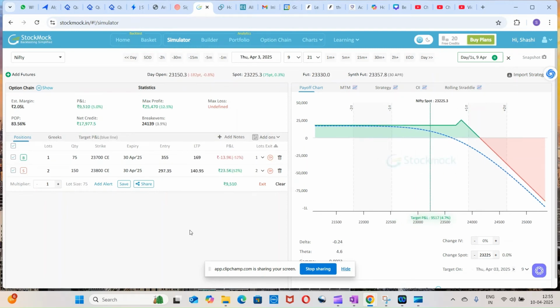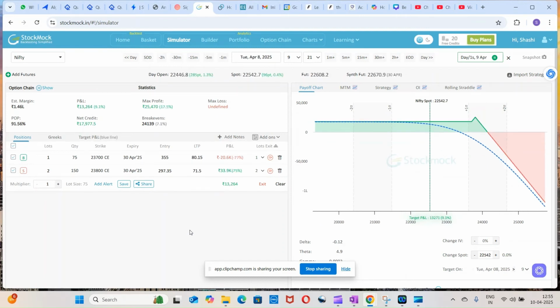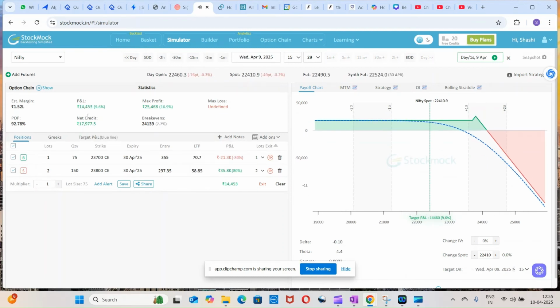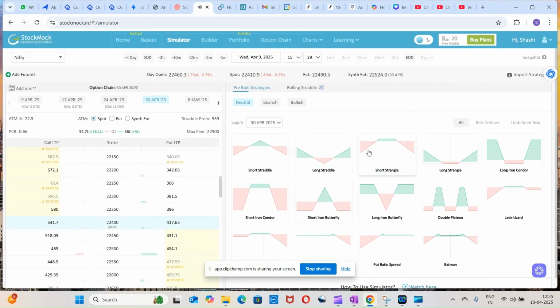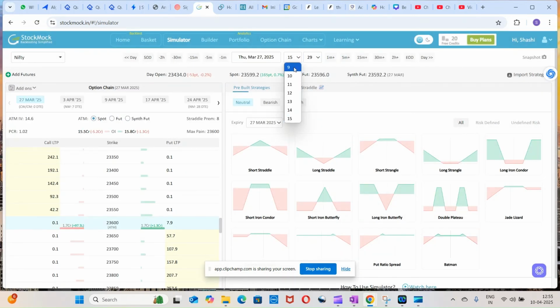This is giving very decent returns. Yeah, it is also profitable. So if your view is correct, then all these strategies will yield you good money. You can use some strategies to get your view correct.